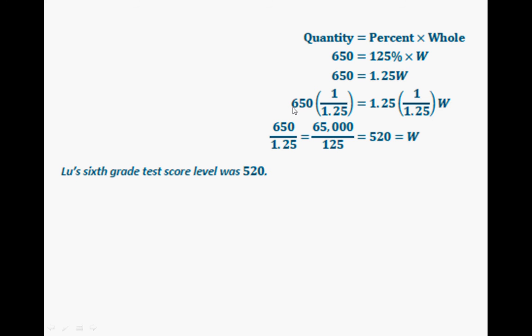So we're going to multiply 650 times 1 over 1 and 25 hundredths. When we do that, we can get rid of the percent by multiplying by 100. That means 650 becomes 65,000, and 1 and 25 hundredths can become 125. When we do that, we will have 520 for our W. So Lou's 6th grade test score level was 520.